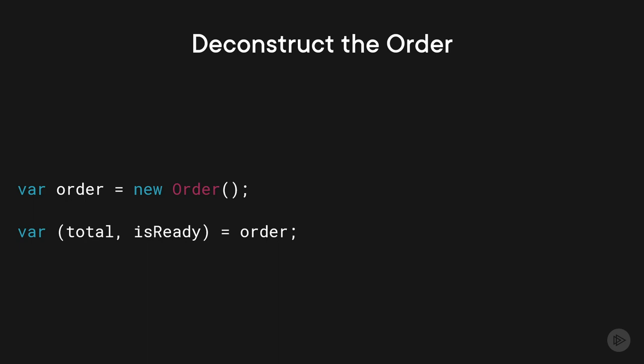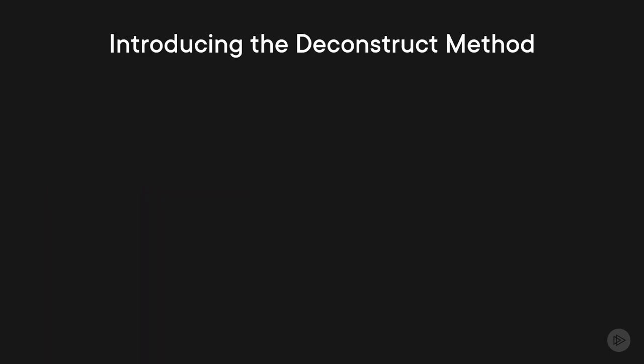Let's say that you want to take the order and be able to deconstruct this into two variables, one representing the order total, the other if it's ready to be shipped. To achieve this, you can create an instance method that's void and called Deconstruct.